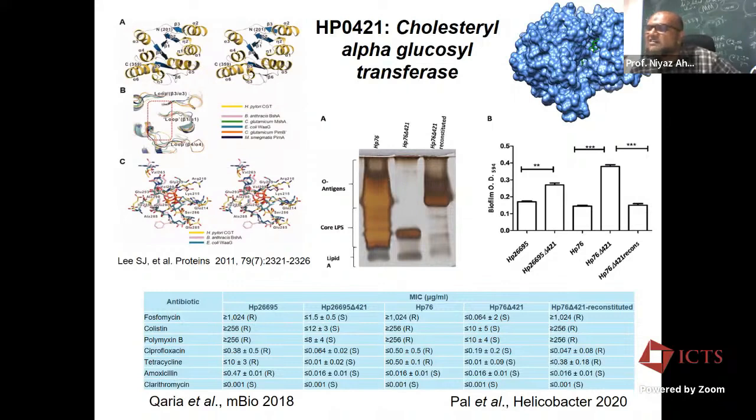We studied it in the context of drug resistance, whether it has anything to do with resistance. We found that when this particular protein is deleted from the genome of Helicobacter, the resistant bacteria become sensitive. When we put back this protein, the recovered knockouts become resistant again.